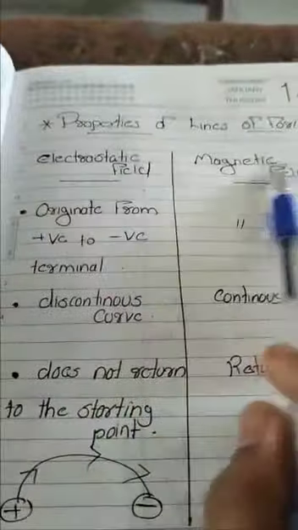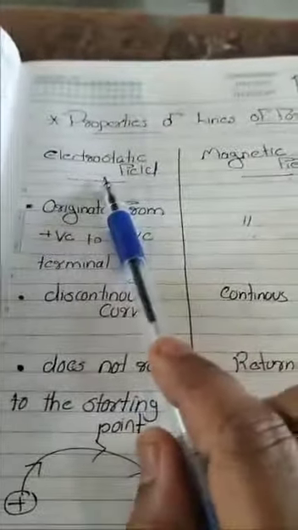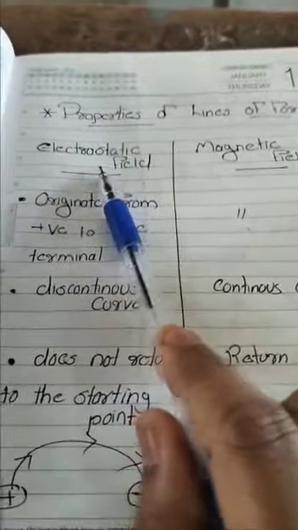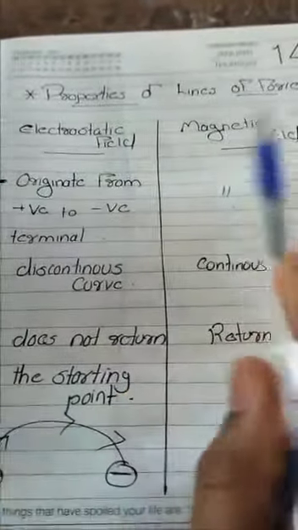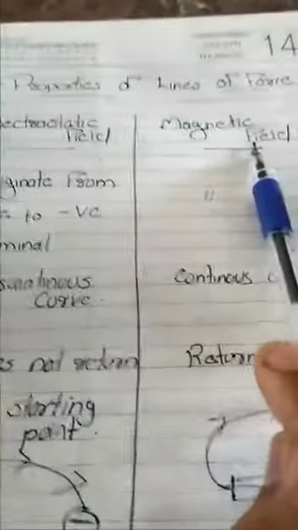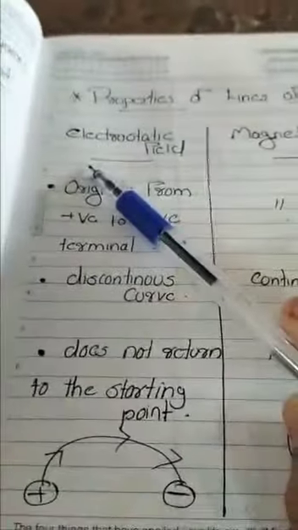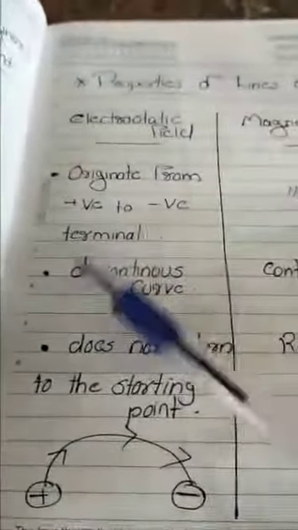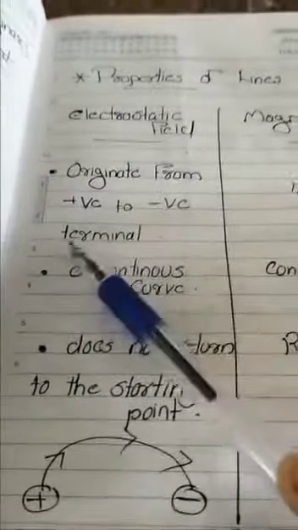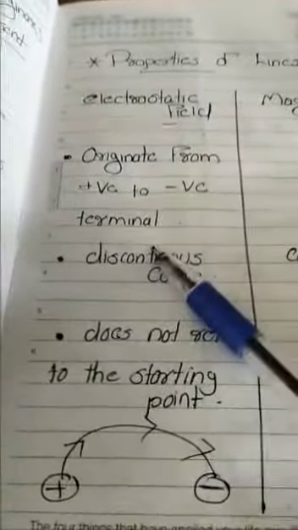The electrostatic field is represented by electric field lines. At the same time, the magnetic field is also represented by magnetic field lines. In this chapter we are dealing with electric field lines. First point, all the electric field lines originate from the positive terminal and go to the negative terminal.